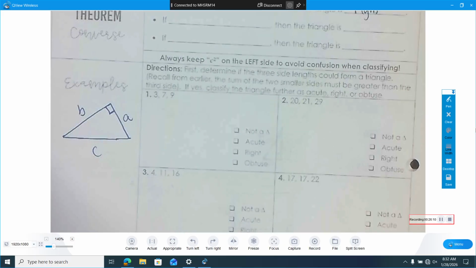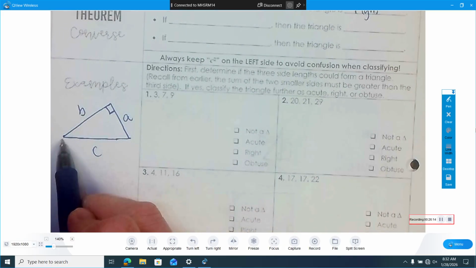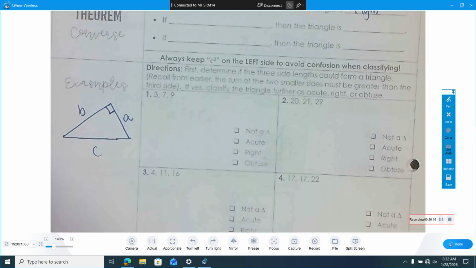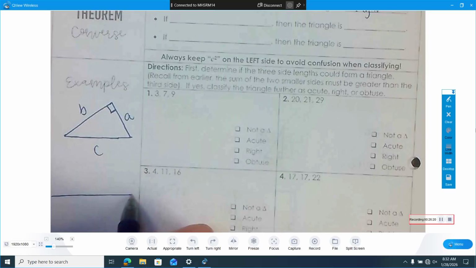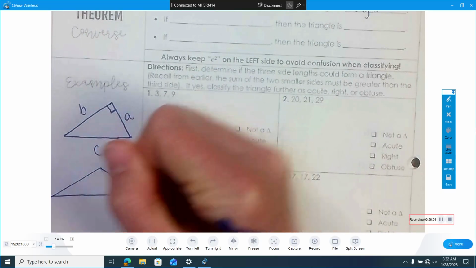But maybe the square of that longer side is much, much bigger than the squares of the shorter sides.